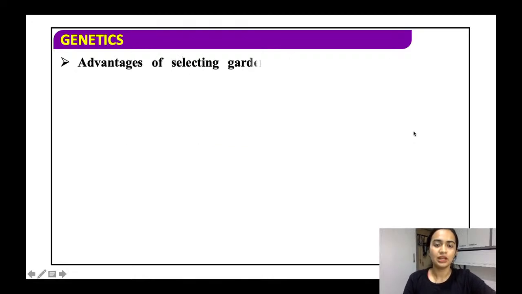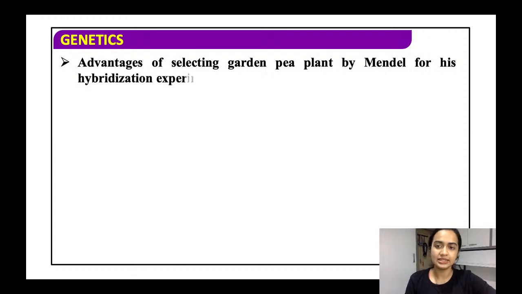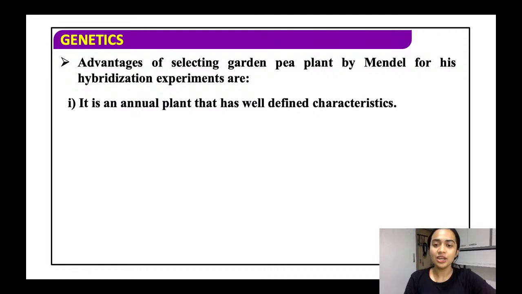Now, advantages of selecting a pea plant, or why did Mendel decide to start working on a pea plant? This is because pea is an annual plant, with well-defined characters. Please don't be under the impression that annual plant is something that will grow throughout the year. No, annual plant means that in 1 year it will complete its life cycle.